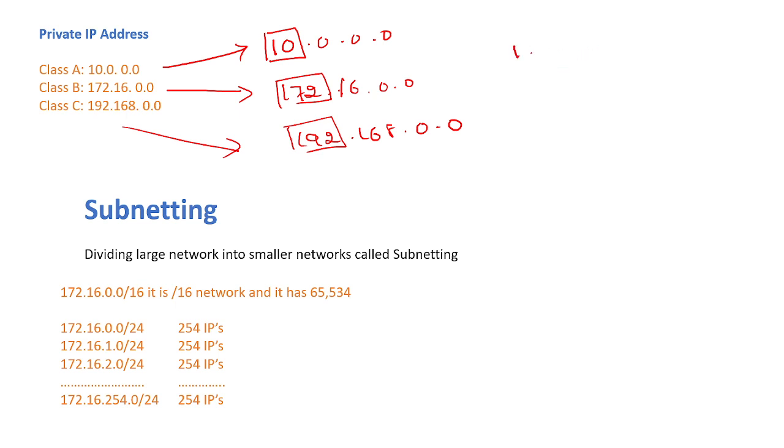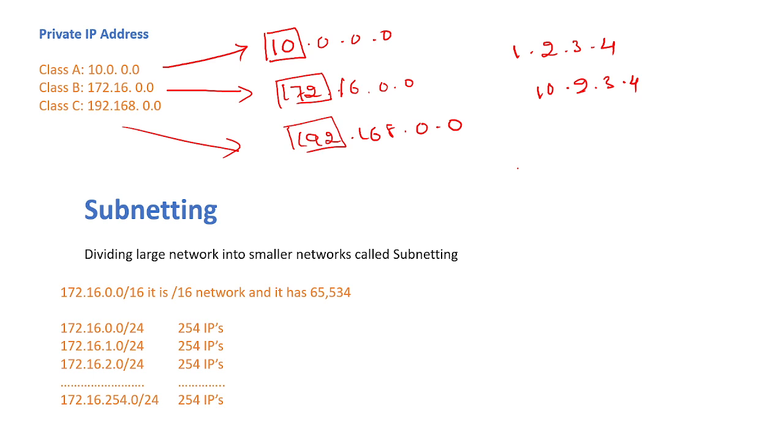This one, 1.2.3.4. Public. Yep, it is public. Now 10.2.3.4. Class A private IP. Exactly, I need this kind of answer.